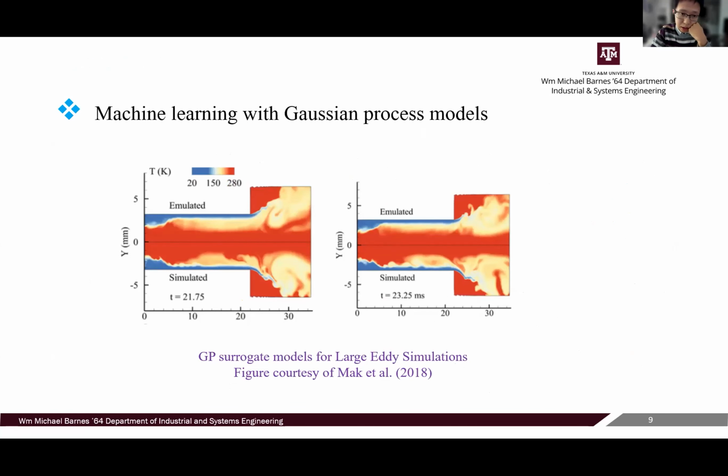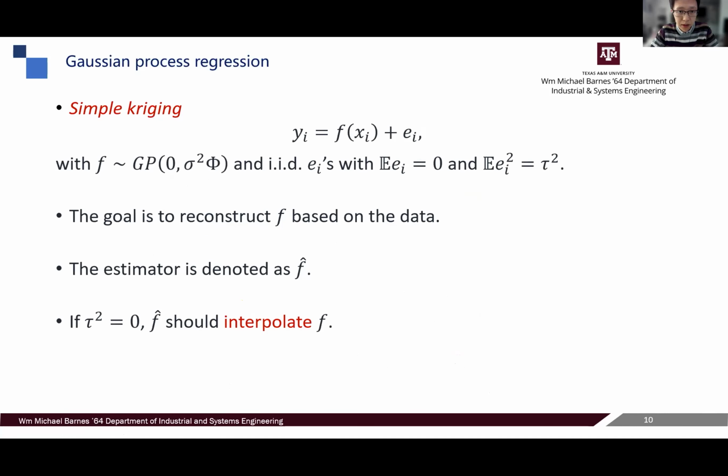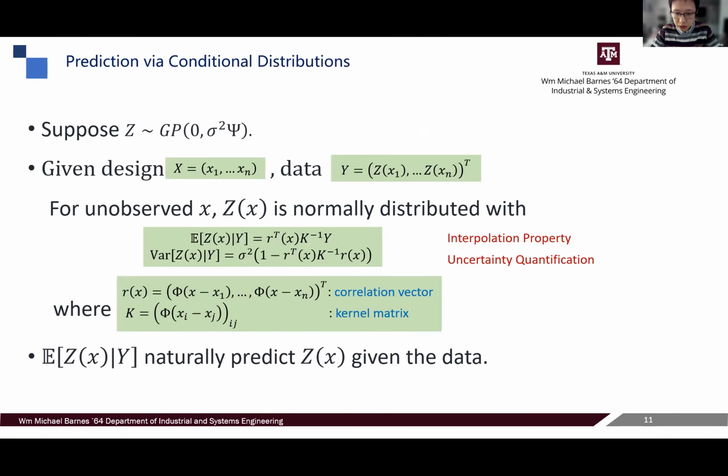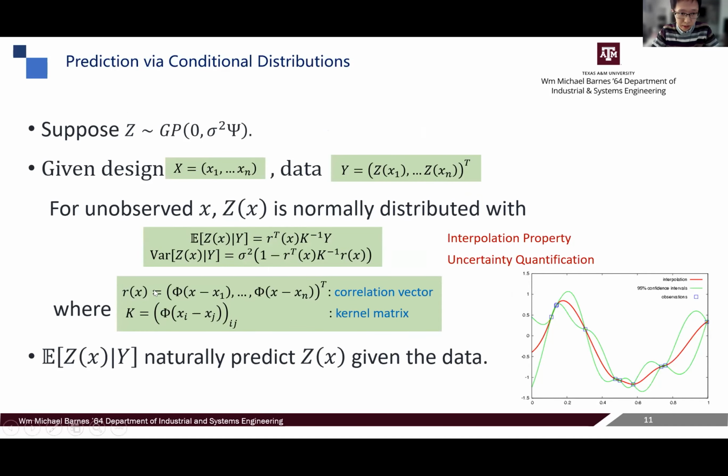So what we are interested in with GP is that GP can help us do supervised learning. It can be used to do a lot of different things, but first I'd like to show you supervised learning. This is a regression model, and there are some math formulas which I'm going to skip. I just like to show you this simple plot, which illustrates what a GP model can do.